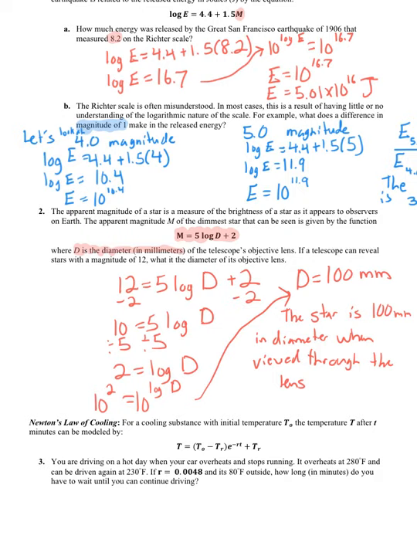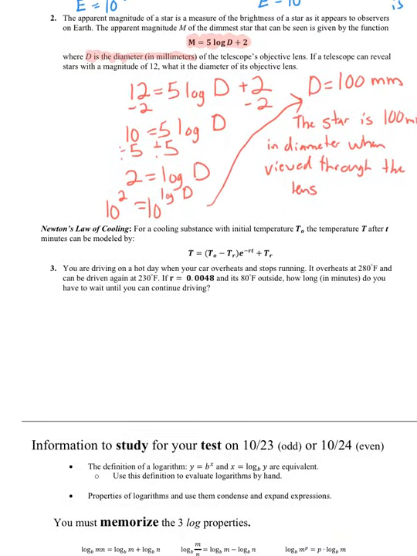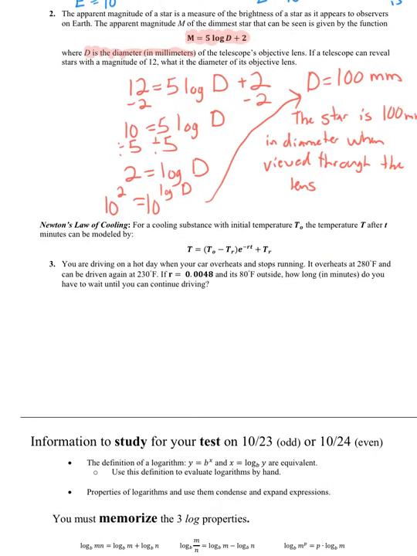All right. So we got one more problem here. It's Newton's law of cooling, but we're going to take a little breather first. Let's go ahead and look at the last problem. Newton's law of cooling for cooling a substance with an initial temperature T naught. Whenever you see a little 0 next to a variable, it's the starting value.